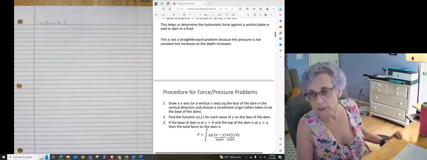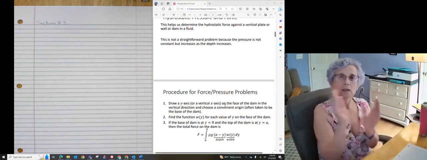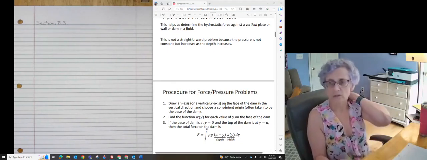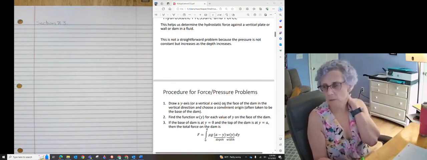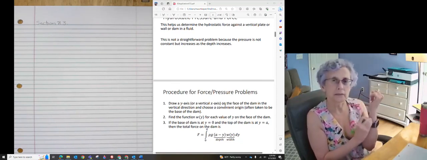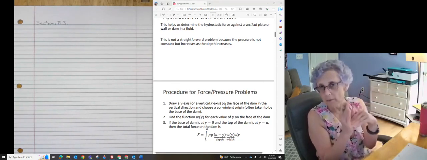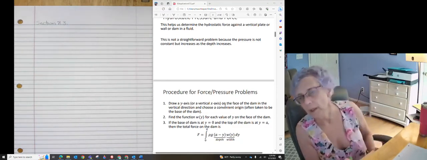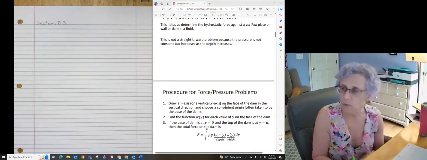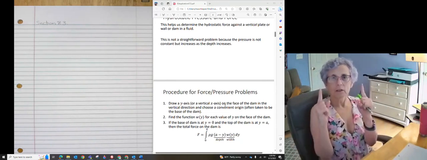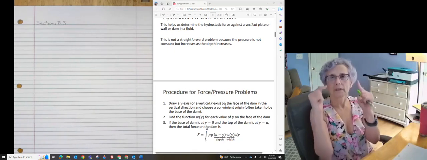So our procedure is, first, we draw a set of axes, and I like to draw it on the y-axis. You can switch it and make the x-axis if you want to, on the face of the dam, and you choose a convenient place for your origin, usually at the bottom of the dam. If you have a circular gate, you might put it at the center. Then you find a function, w of y, for each y on the face of the dam, so you're going to calculate a function for the width of the dam.